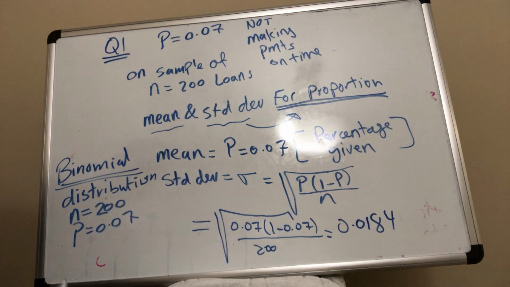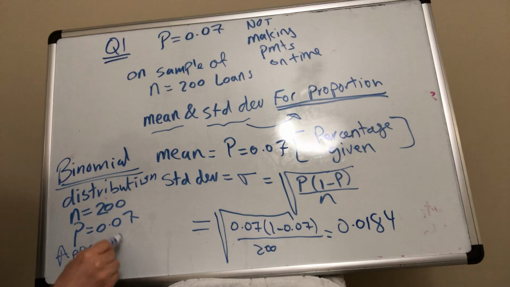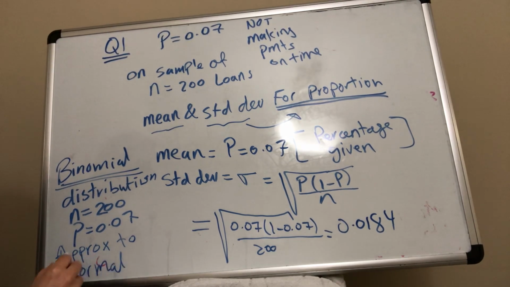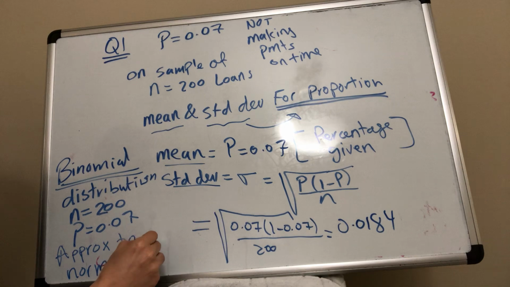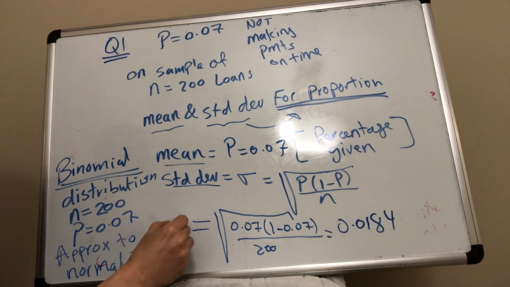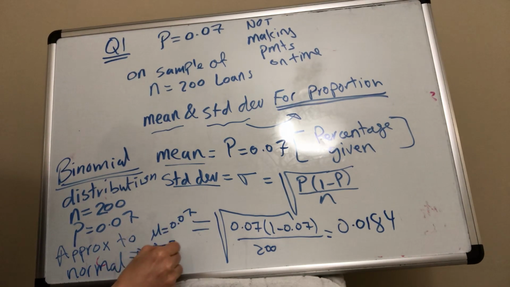What we just did, we did an approximation to normal distribution. So we did approximation to normal, and that gave you a mu and a sigma. And your mu is 0.7, and sigma is the one we just did, the 0.184.